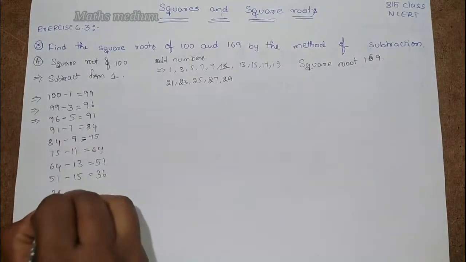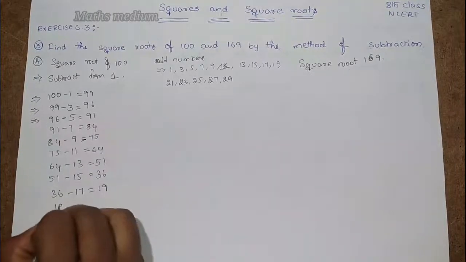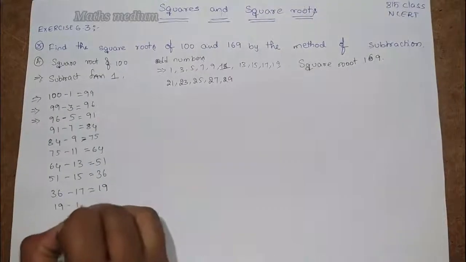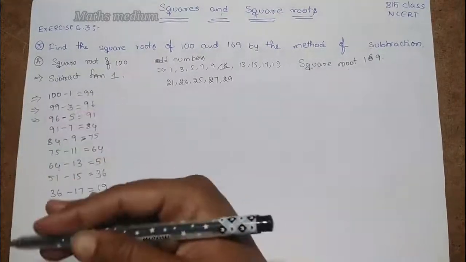Now 36 minus 17 is equal to 19. Next 19 minus 19 gets 0, right? So here the subtraction process ends.